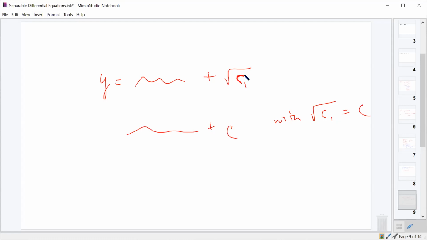It doesn't really matter much in our class or even Calc 2 or Calc 3 so much. Calc 3 a little bit. But when you finish Calc 3 and move on to a specific class on differential equations, how you define your constants really starts to matter. But at this point, it's not a big deal.